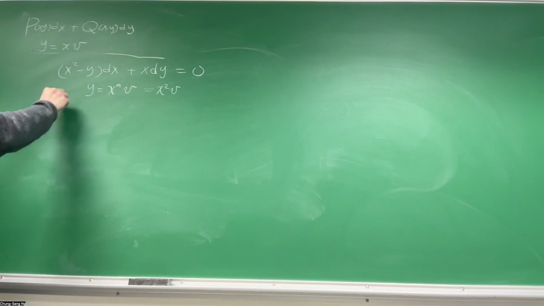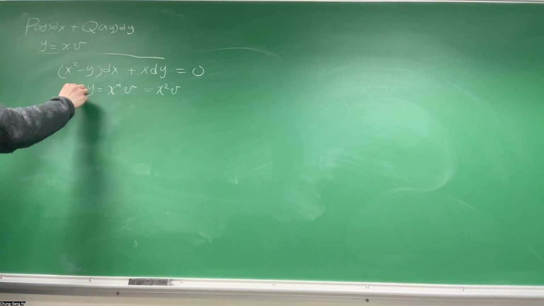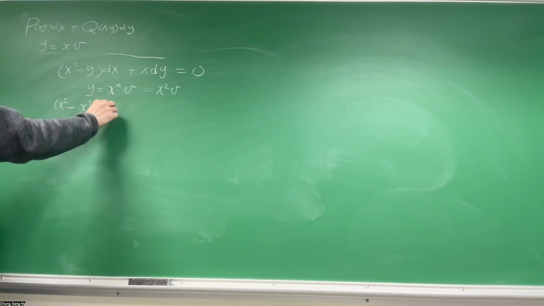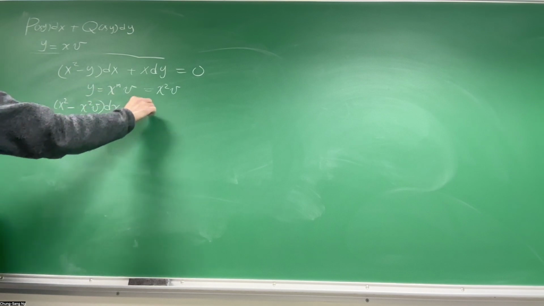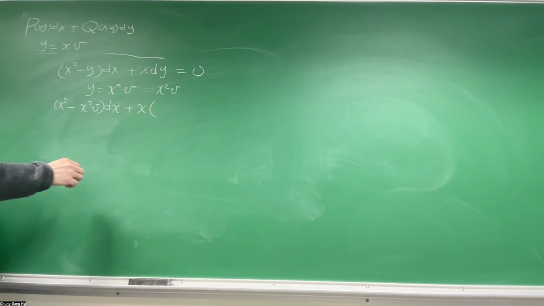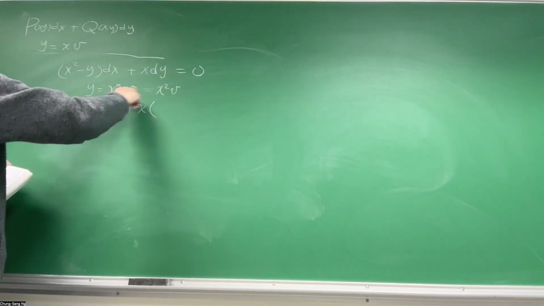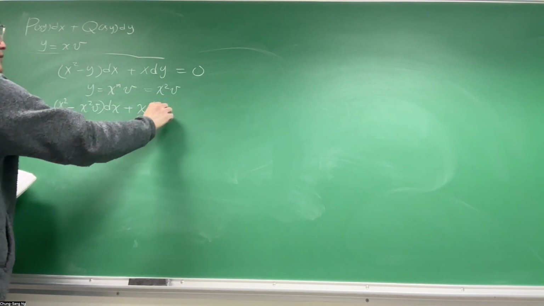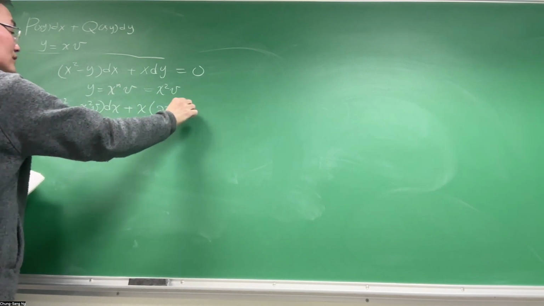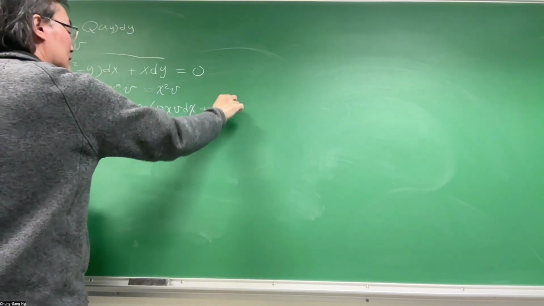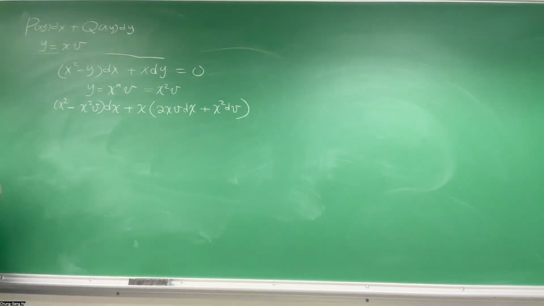So x squared minus y, x squared v, dx and plus x times dy. Now dy is this form. So you have 2x v dx plus x squared dv.